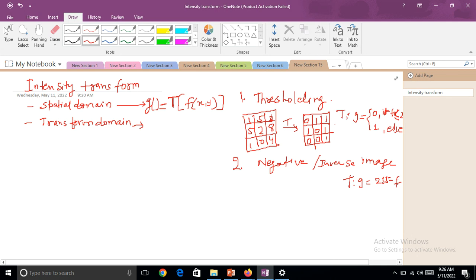So we subtract the value of f from the highest value. So how will it become? 255 minus 1 will become 254, 250, 249 and so on. So simply subtract the value from 255, and you will get the inverse image or negative image.